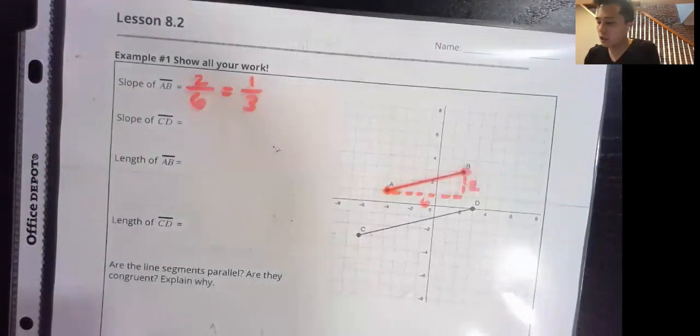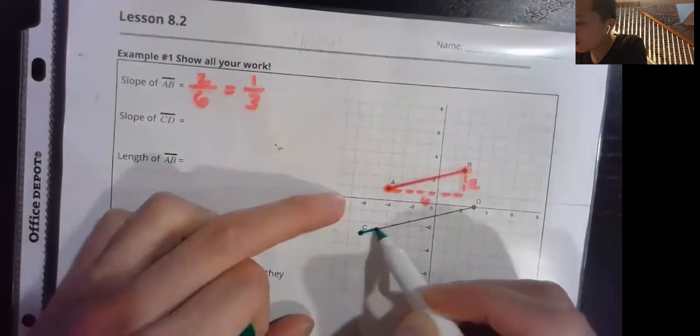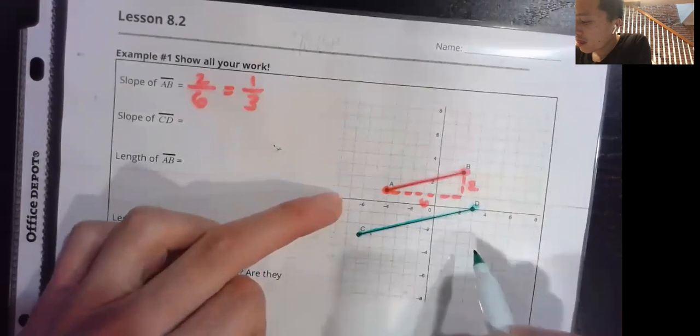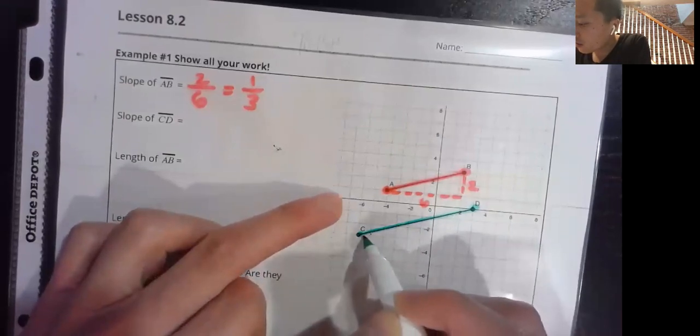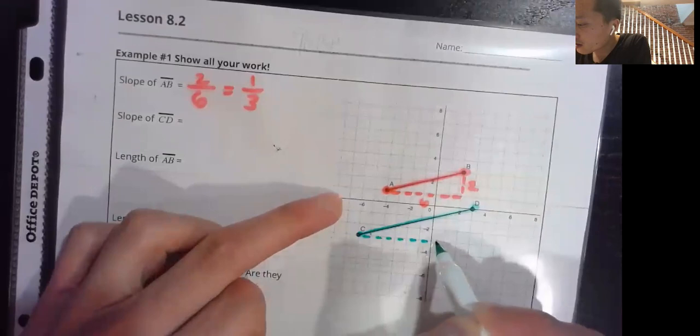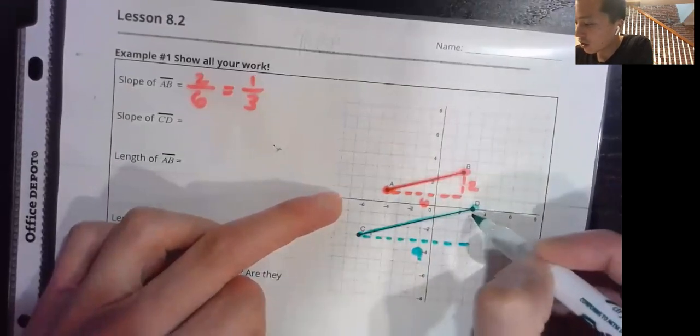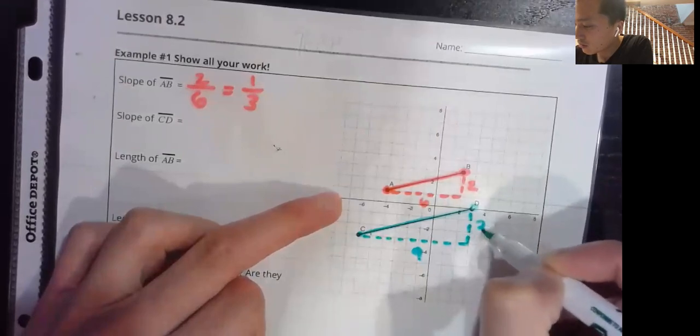Okay, CD. All right, I can make a slope triangle. We're going 1, 2, 3, 4, 5, 6, 7, 8, 9. So change in x is 9. Change in y, 1, 2, 3.